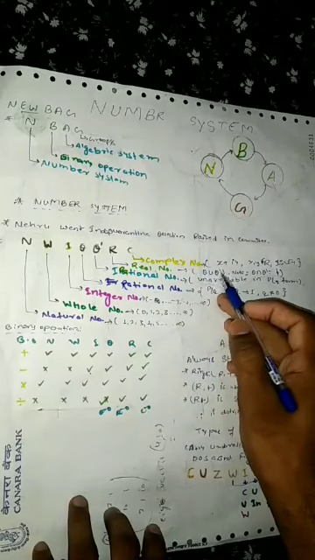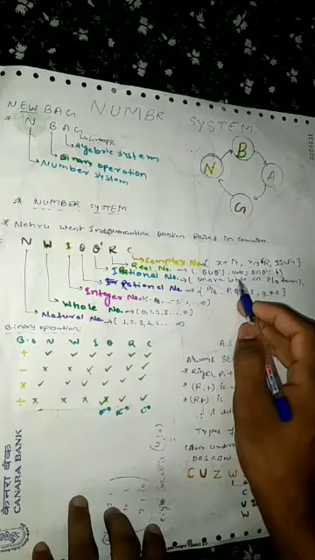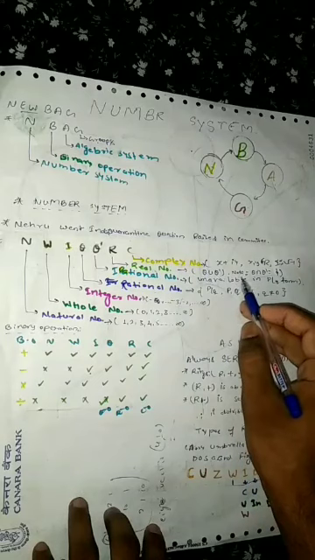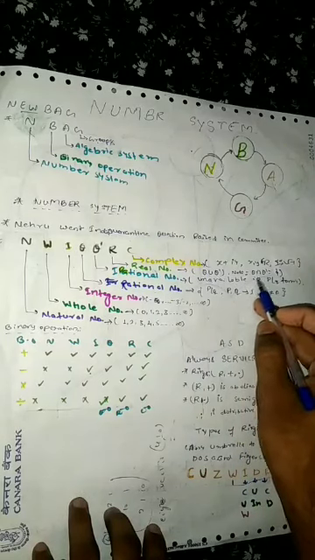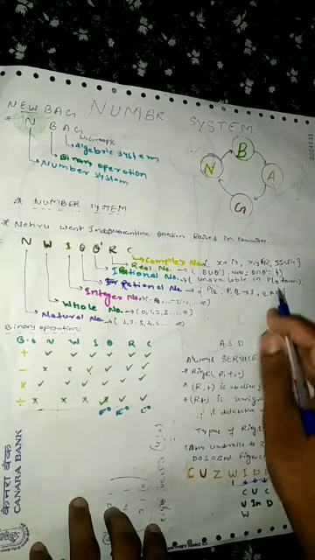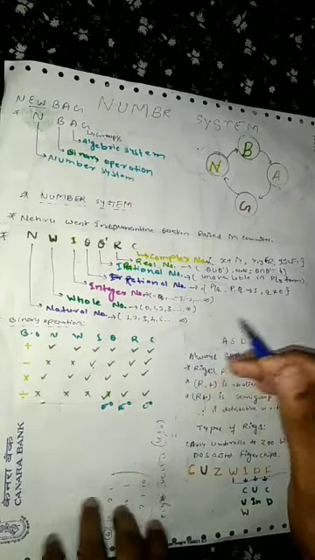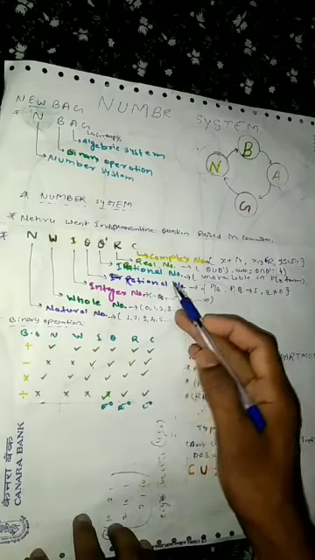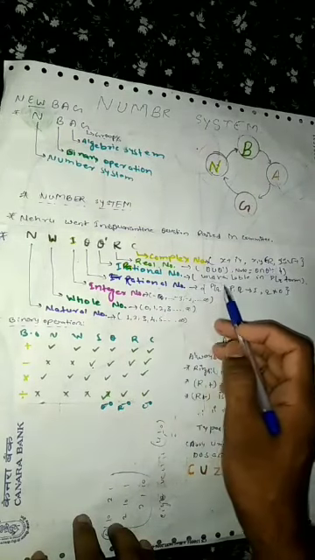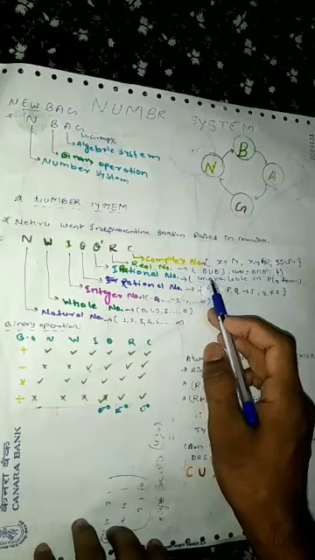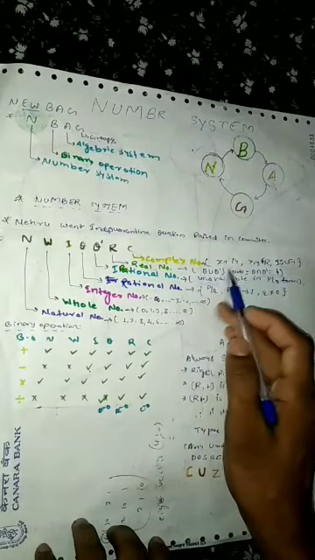Q union Q dash is called real numbers, where note Q intersection Q dash is equal to phi, because no number is common between rational and irrational numbers. So real number is a union of Q and Q dash.